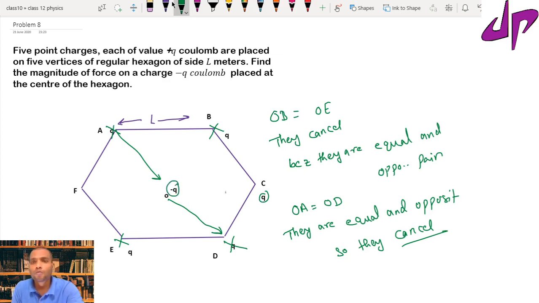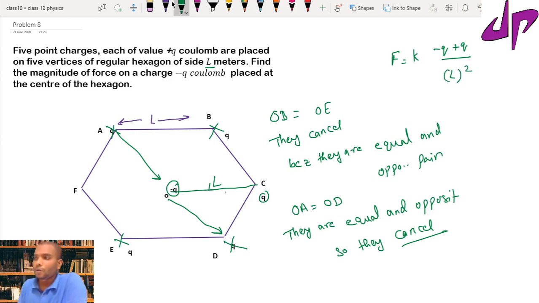Now we will write Coulomb's law. Coulomb's law: F equals k times minus q and plus q by, I want the distance between them. Here the hexagon side is L, so from here to here the distance is L. So you can substitute F equals k times minus q times plus q by L square.